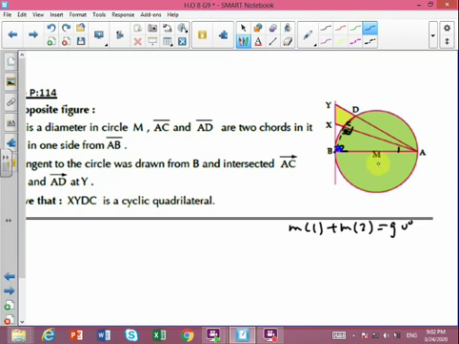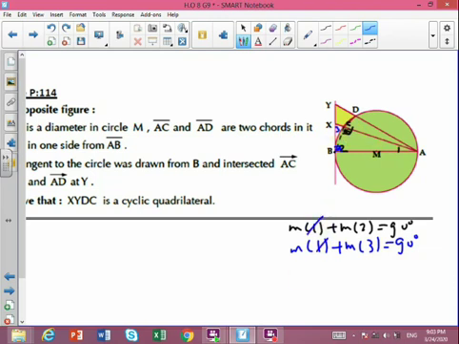The same here, angle ABX: you will find that the measure of angle 1 plus the measure of angle 3 will be equal to 90. So 1 plus 2 equals 90 because this angle is 90, and 1 plus 3 equals 90. As you see, 1 is repeated.